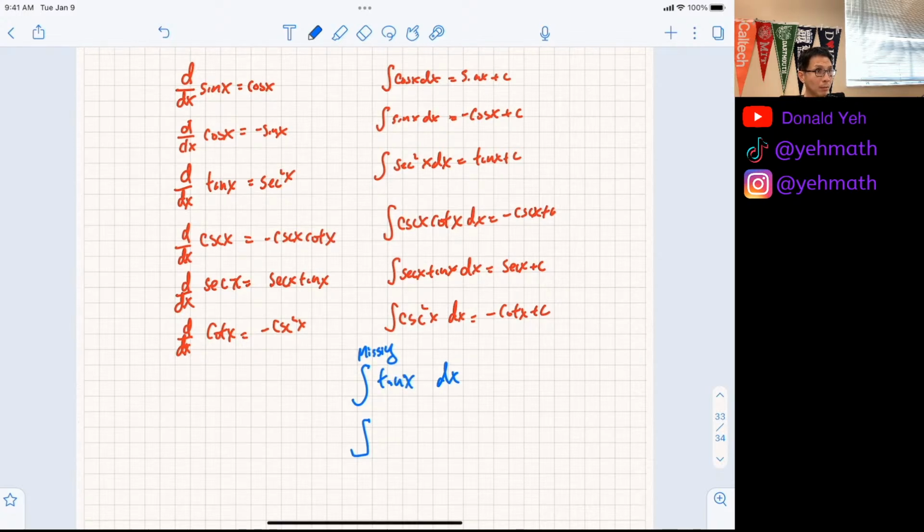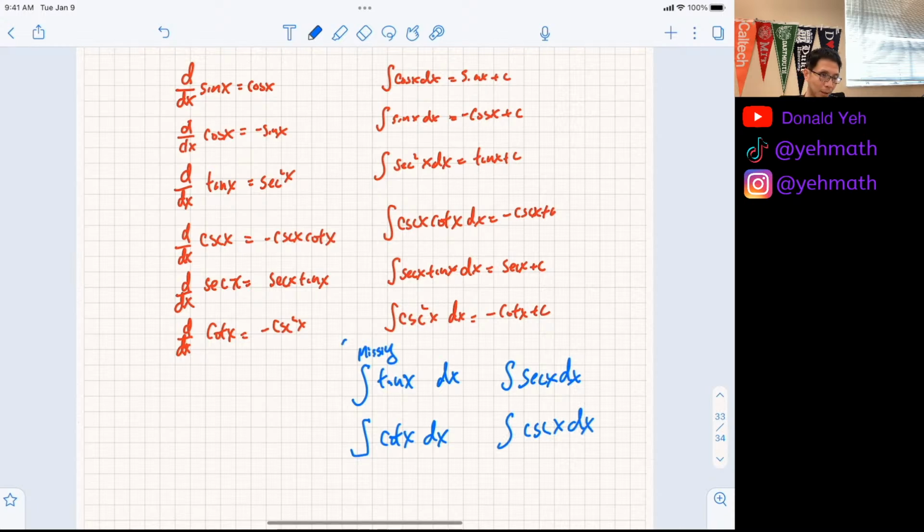Tangent of x is missing because we have secant tan, but we don't have tangent. We also don't have cotangent, and we also don't have integration of sec of x dx, and also csc of x dx.